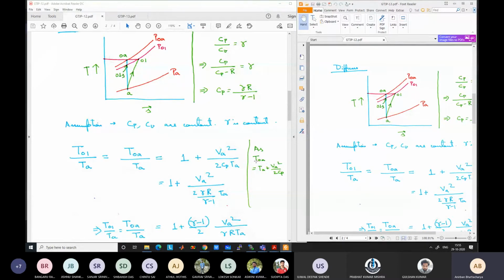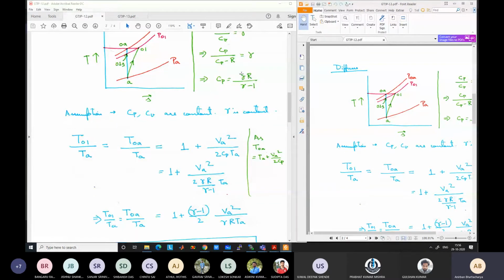By definition of stagnation temperature, T0a is Ta plus Va square by 2 Cp. Replacing Cp using gamma R by gamma minus 1, you get 1 plus Va square by 2, with Cp replaced by gamma R by gamma minus 1, and Ta is still there.